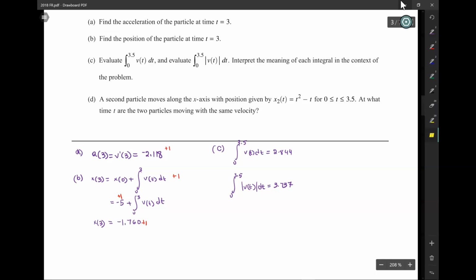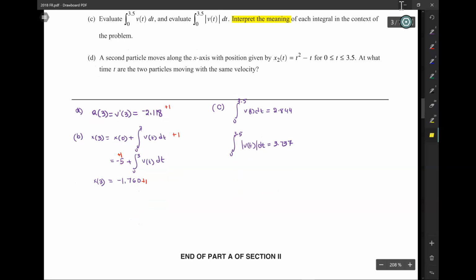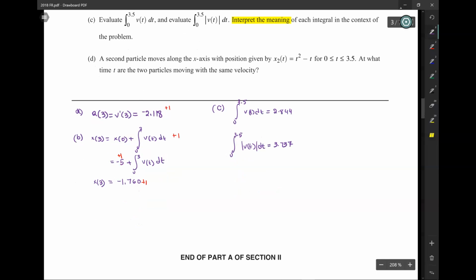Now, we love these. Interpret the meaning of each integral in the context of the problem. So you're going to say the integral from 0 to 3.5 of v of t dt is the displacement of the particle over the interval 0 to 3.5.